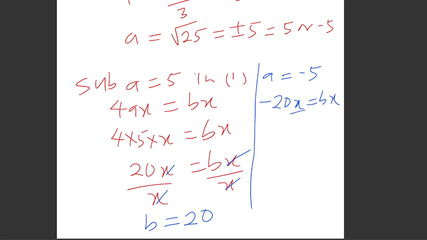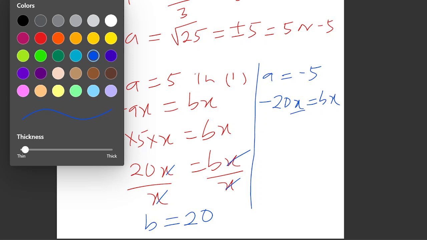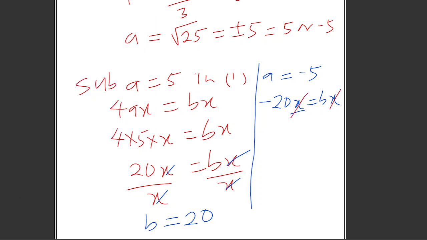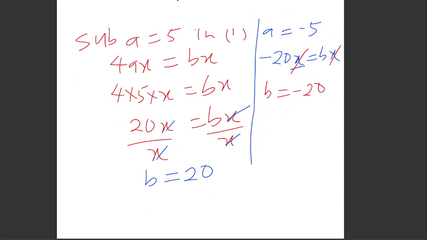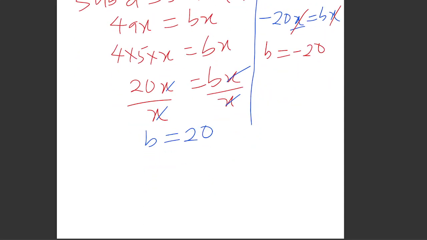So that means we cancel x, then b equals minus 20. So the two possible values of b are 20 or minus 20. So that's the answer. I hope this is clear. Yes, Uncle. All right.